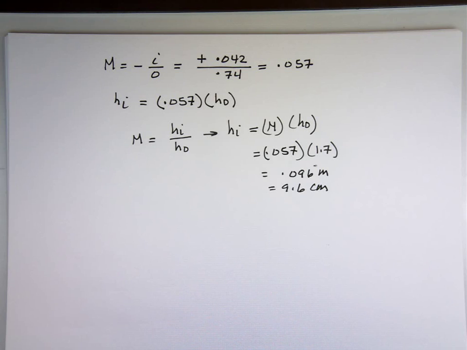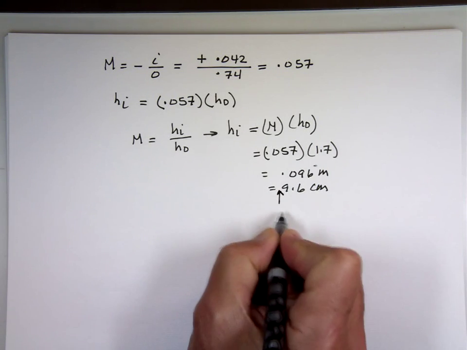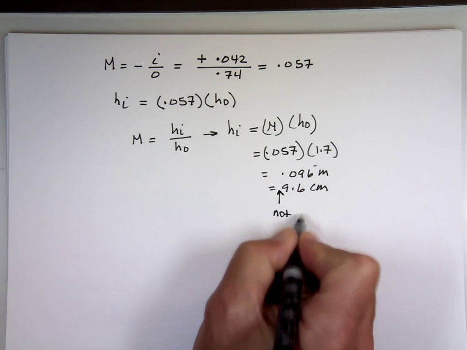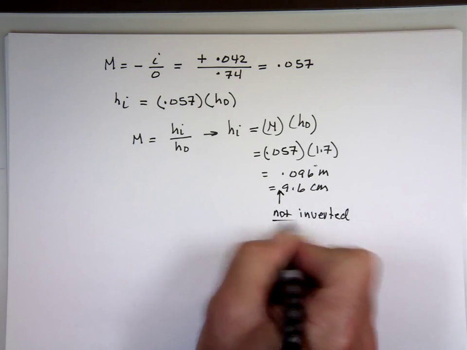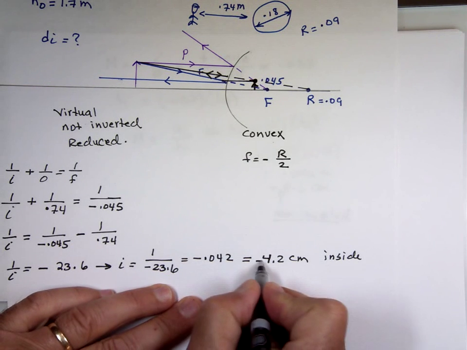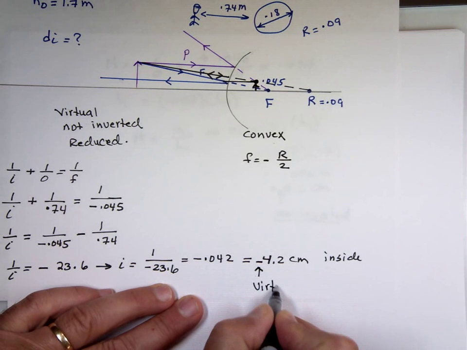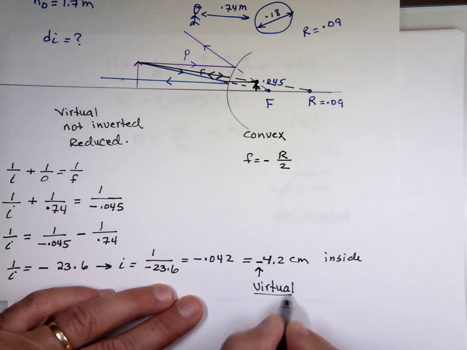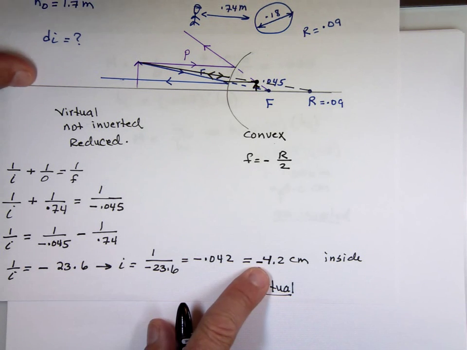The fact is, this is a plus here. It tells me not inverted. The fact the image is negative here, negative tells me it's a virtual image. So when the sign for the image is negative, it's virtual.